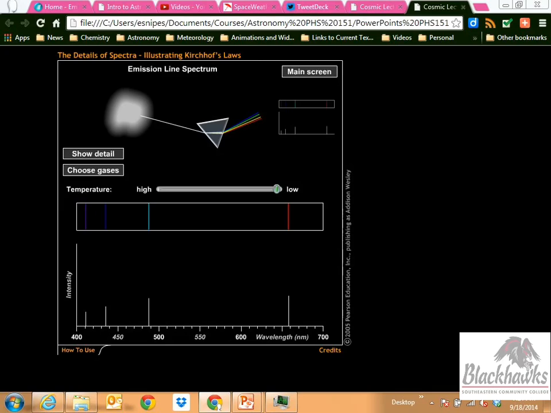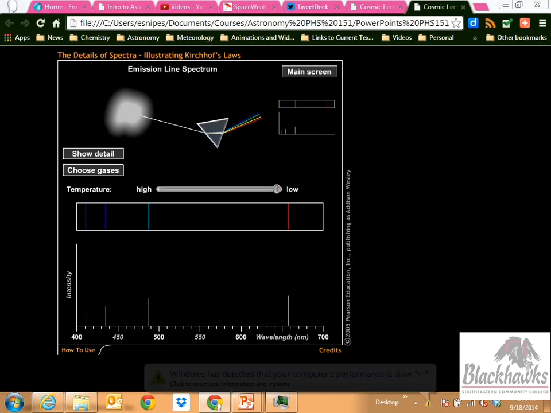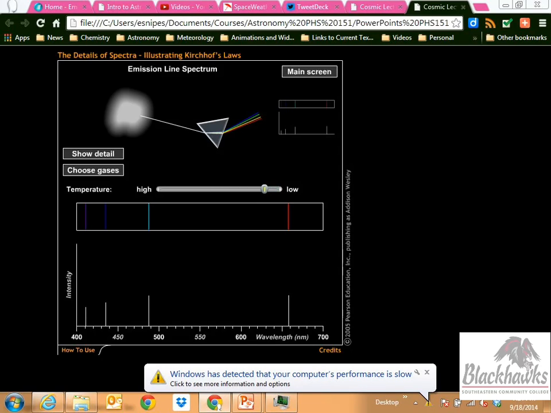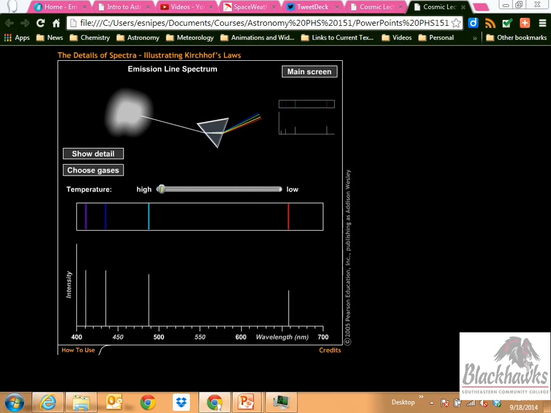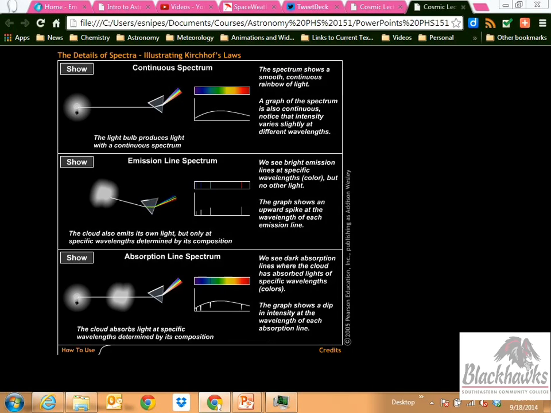So what do you think if I jack up the temperature? Now those are fingerprints. So do you buy this? That it's a fingerprint, in this case a set of 4 lines, that they're going to stay there. They're just going to get more and more intense. It's a fingerprint for what that gas is.